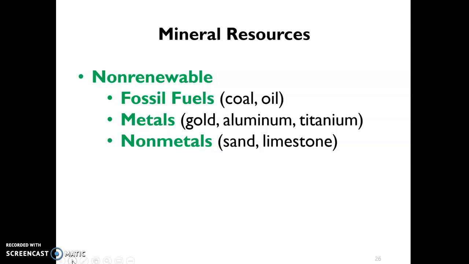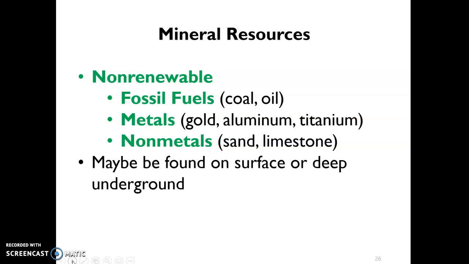Okay, we can classify mineral resources as being non-renewables, which include fossil fuels, coal and oil, metals, gold, aluminum, titanium, and non-metals such as sand and limestone. These non-renewable mineral resources may be found on the surface of the crust or deep underground, and that makes a difference.